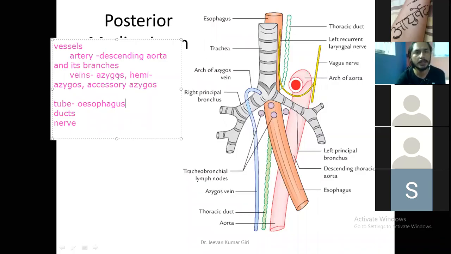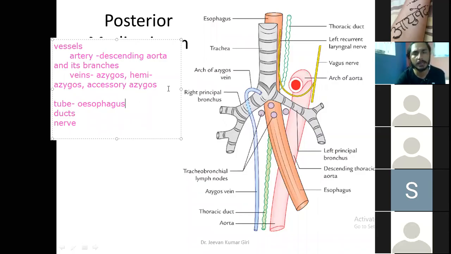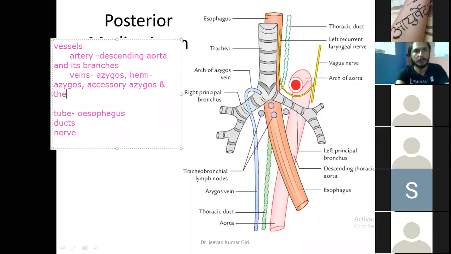The azygous, hemiazygous and accessory azygous have many tributaries. So you can write azygous vein, hemiazygous vein, accessory azygous, and their tributaries. The tube you will see here is the esophagus.